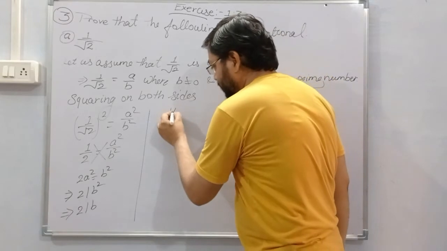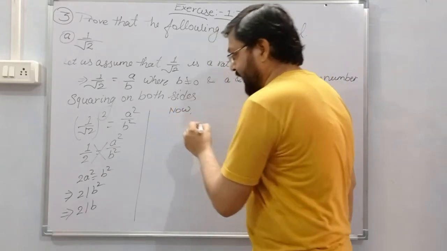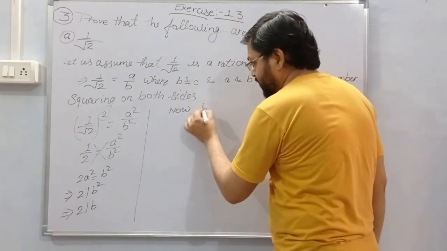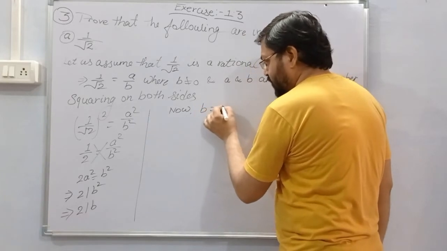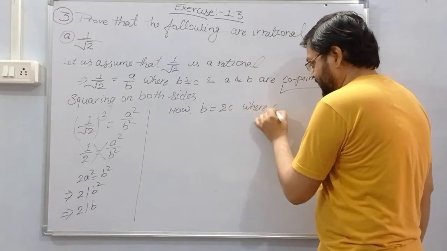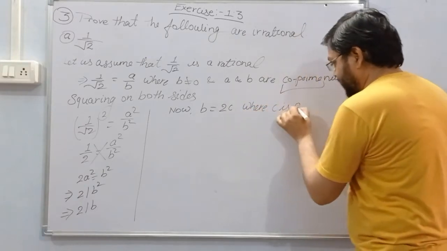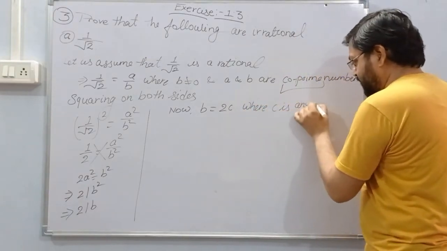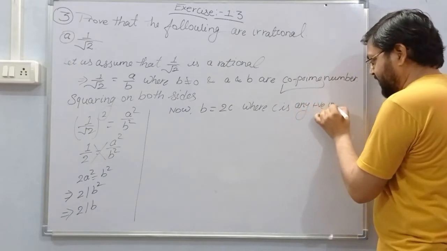Now I can write b is equal to 2c, where c is any positive integer.